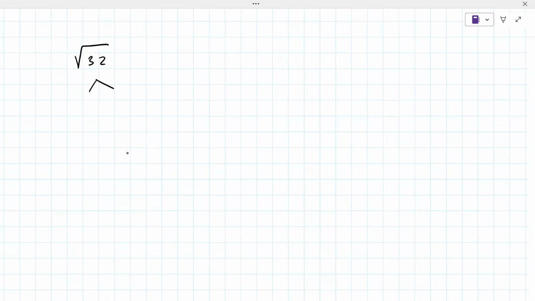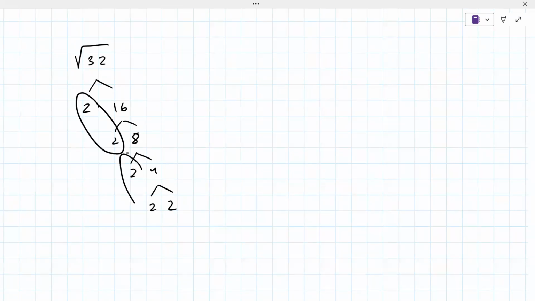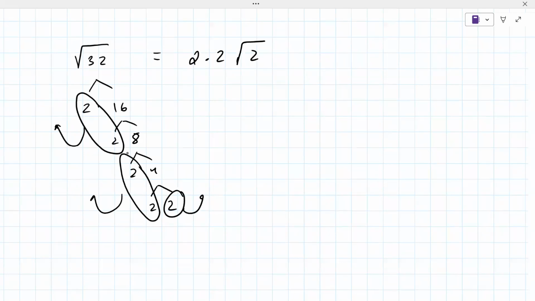Okay, another type of problem you'll see, and we'll start with 32. This becomes 2 and 16, 2 and 8, 2 and 4, 2 and 2. Now you can get multiple pairs. For each pair, you bring one out. So this becomes 2 times 2 square root of what's left over, which is 2, 4 square root of 2. And that's okay.